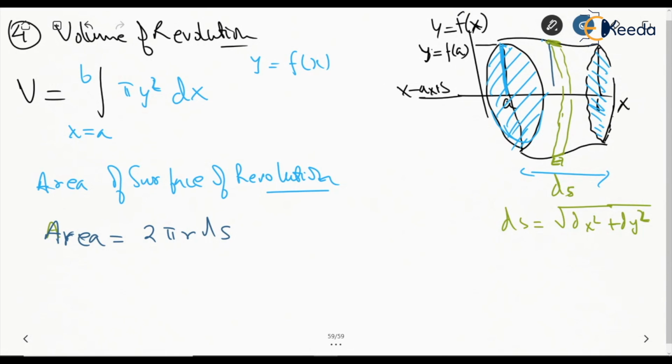This r is again nothing but the value of y at this point, right? This is the radius, so this will become integration, obviously this will become integration of 2 pi y integration with respect to s, where ds will be given like this. So obviously there are possibility that dx and dy will have some relation, and then we can easily integrate this, right? So this is going to be the area of the surface of the revolution. So these are few of the terms which we'll use and find the values required.